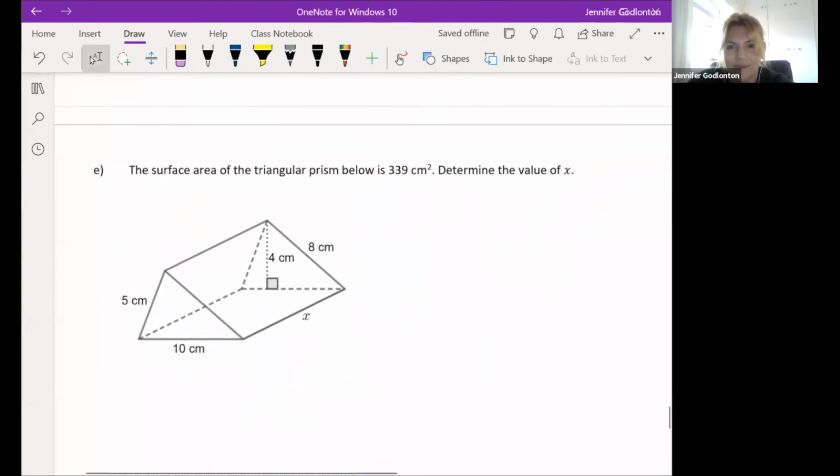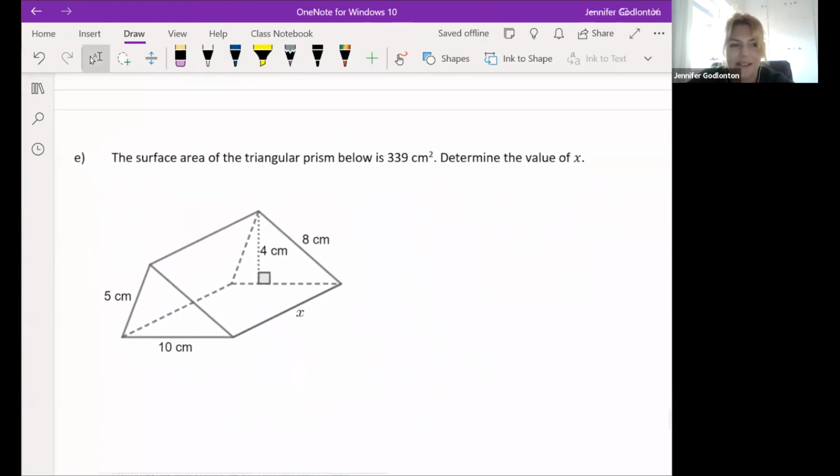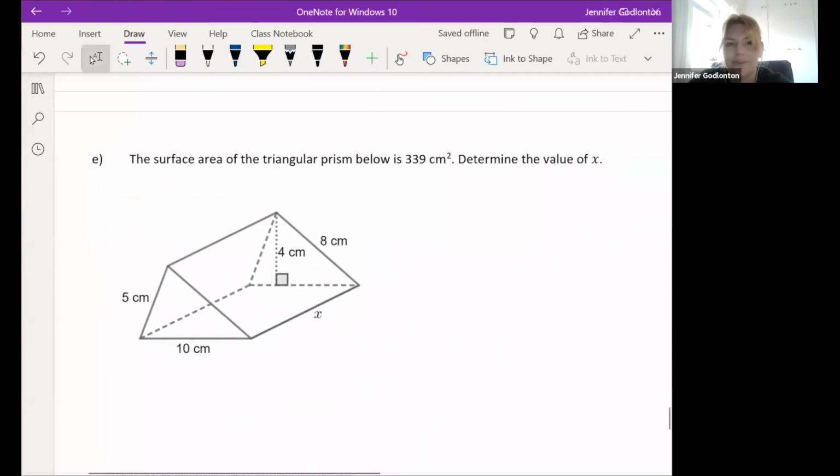Okay, here we go. You know I like my spicy questions, guys. Okay, the surface area of the triangular prism below is 339 centimeters squared. So they have told you what the surface area is. Determine the value of x. I'm just going to read that one more time.